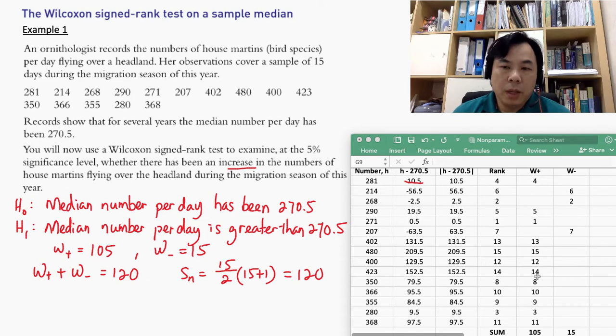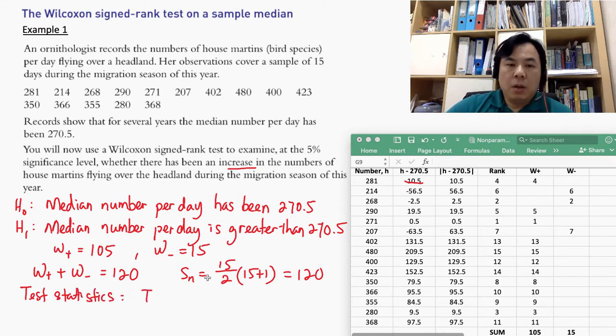Okay. Now next, our test statistic. For the test statistic, we have to choose between the W plus and the W negative, the smaller version of the sum of rank. So the smaller value will be 15. Therefore, our test statistic will be 15 here.